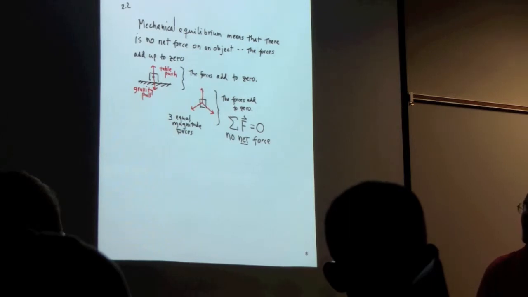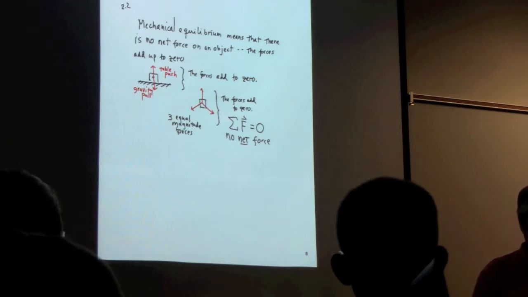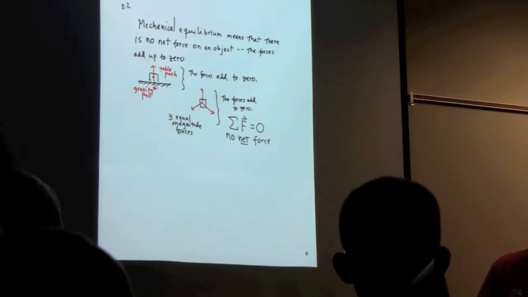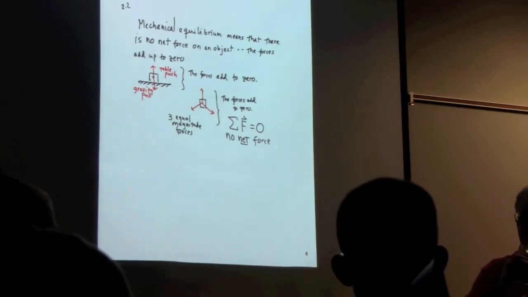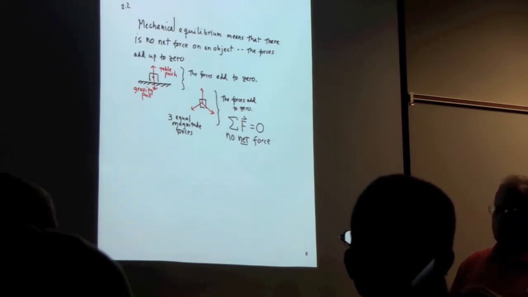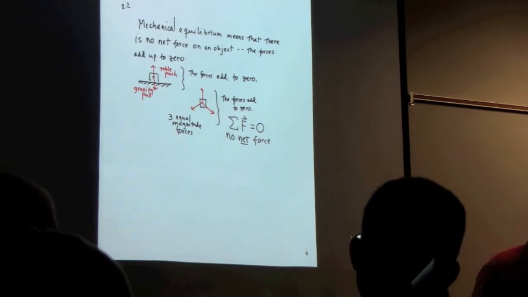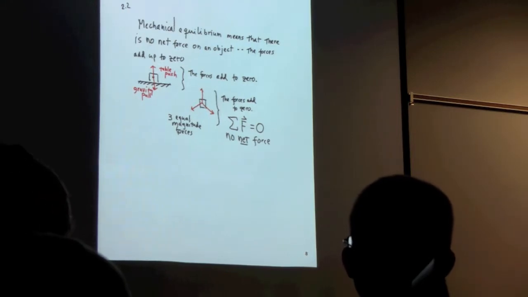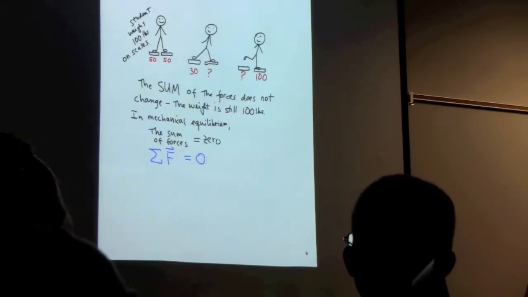If you want to accelerate or decelerate, change your speed, all right, now you have to exert a force, whether it's tires on the road or your brake pads. You're going to have to exert a force somewhere. Okay, so no net force. All right, that's Newton's first law. Sum of the forces equals zero.